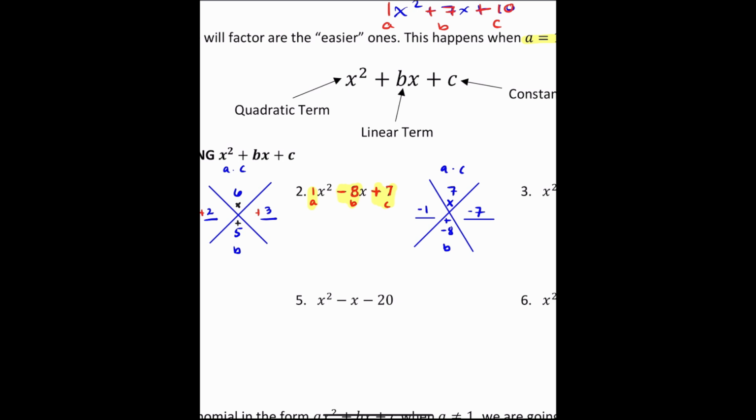Now if we start over, negative 1 times negative 7 is going to give you a positive 7, and negative 1 plus negative 7 is going to give you negative 8. So if you start negative and add negatives, the result is going to give you a negative. So our answer is x minus 1 times the quantity of x minus 7.